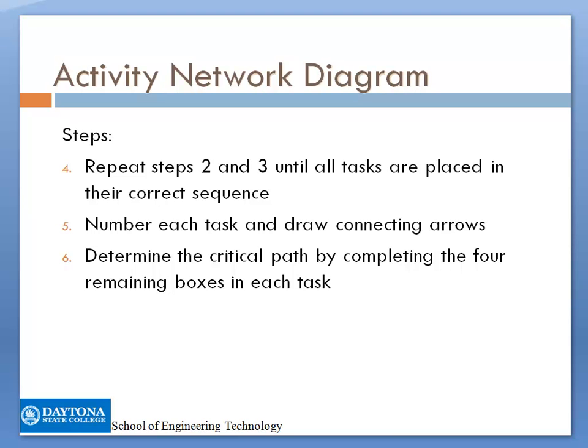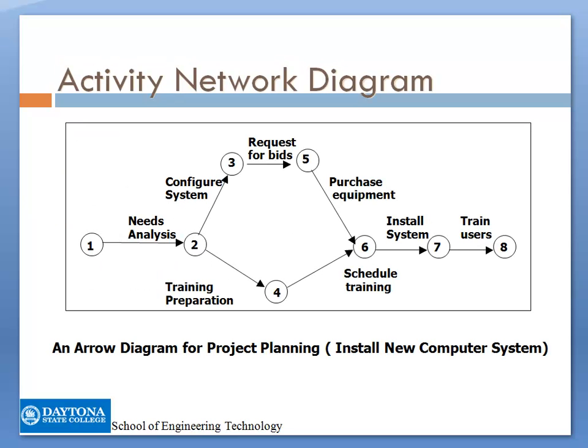So this is a really cool tool to work with, and the task times must be correct so we can have a more accurate result. This is an example, an activity network diagram for project planning, for installing the new computer system. So the different tasks are the needs analysis, then training preparation and configure system, you request for bids, you purchase equipment, schedule training, install system, and train users.